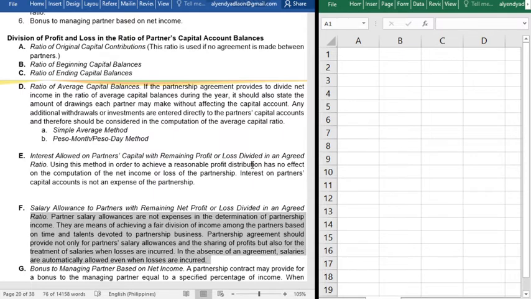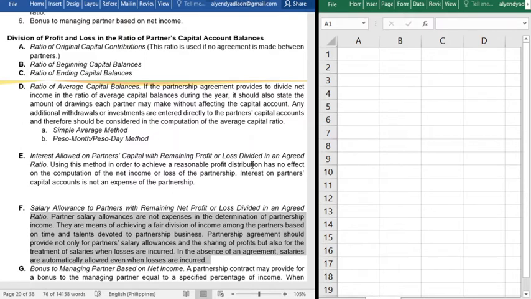In the absence of an agreement, salaries are automatically allowed even if losses are incurred. So class, just like the interest, salaries to partners are also not part of the expense. Always remember that. It is just a means of achieving a fair division of income among the partners.